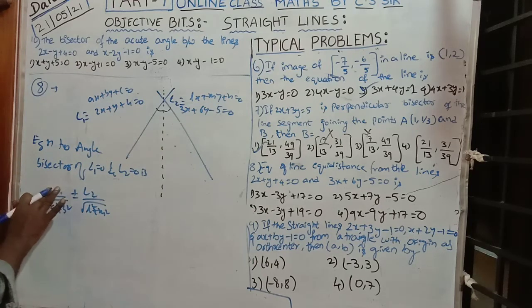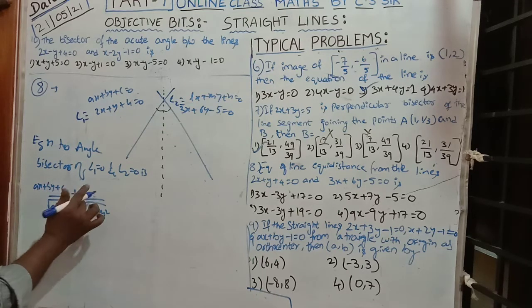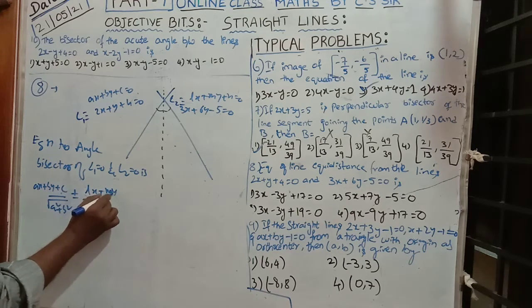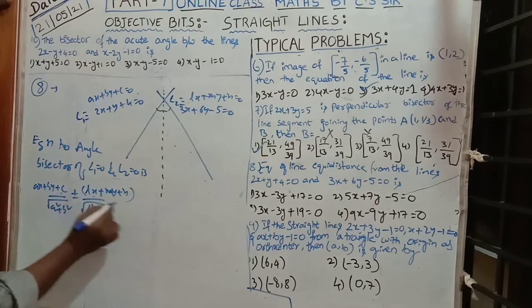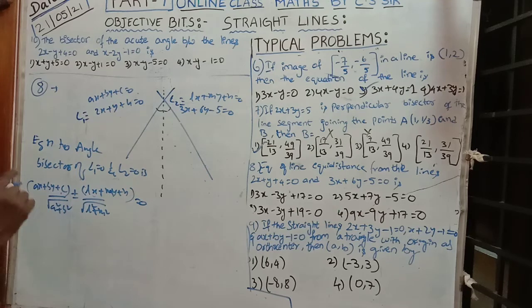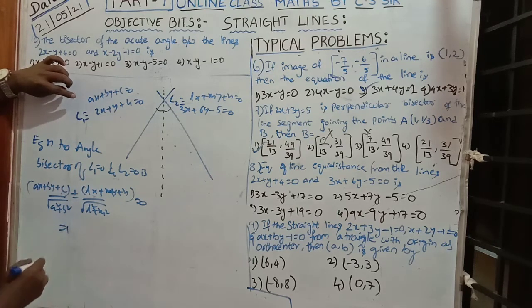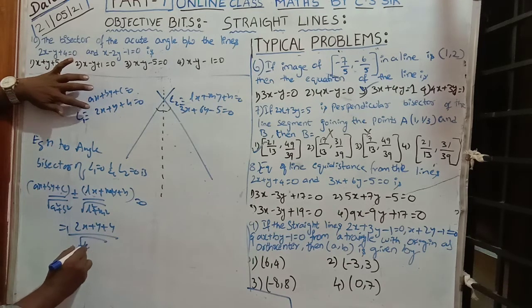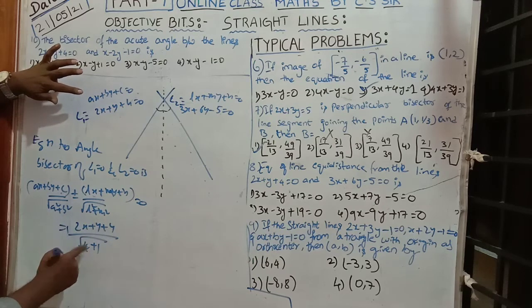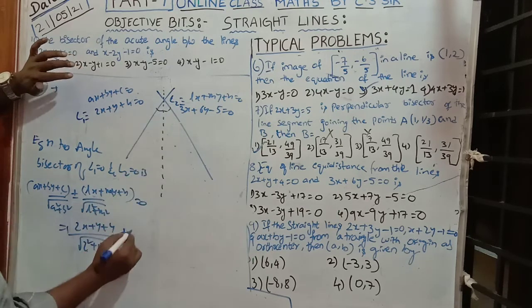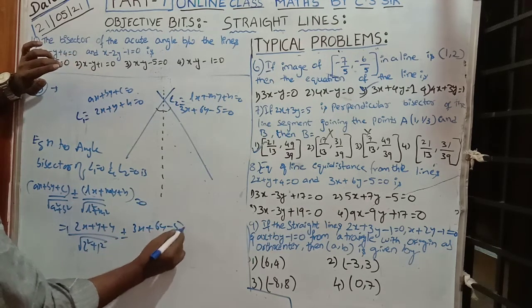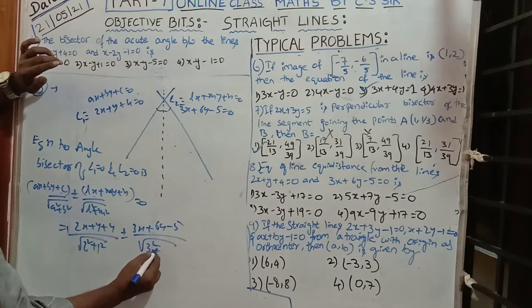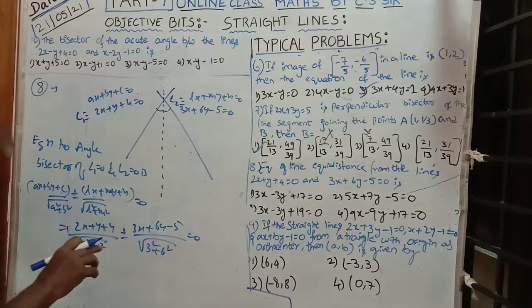Assume that. One time plus, another time minus. So like this, you take 2x plus y plus 4 by root of 2 squared plus 1, 4 plus 1, plus or minus 3x plus 6y minus 5 by root of 3 squared plus 6 squared, is equal to 0.